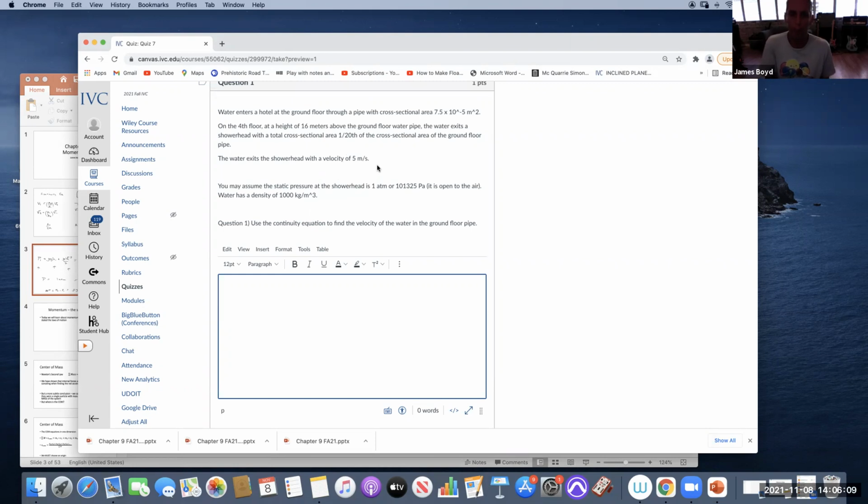So you know that. And you can assume the static pressure at the shower head is 1 atmosphere because it's open to the air. And remember, 1 atmosphere in pascals, which is what we need to be in, is 101,325 pascals.